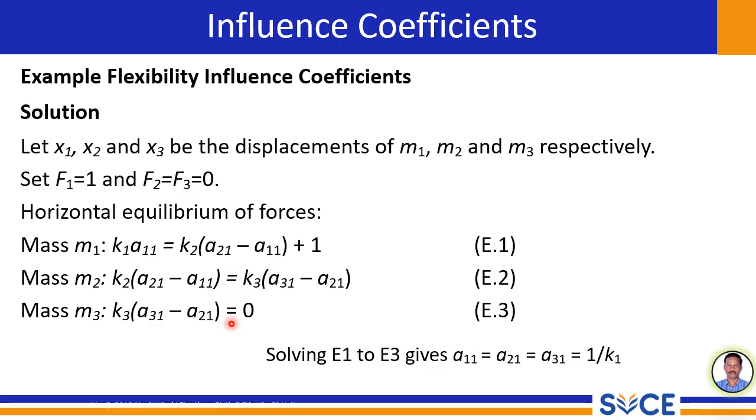So A21 equals A11. Then substitute A21 equal to A11 into equation 1. Therefore, what we got is A11 equal to A21 equal to A31 equal to 1 by K1. All other terms are 0.